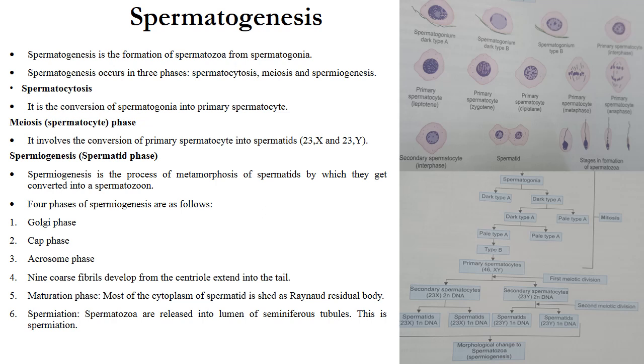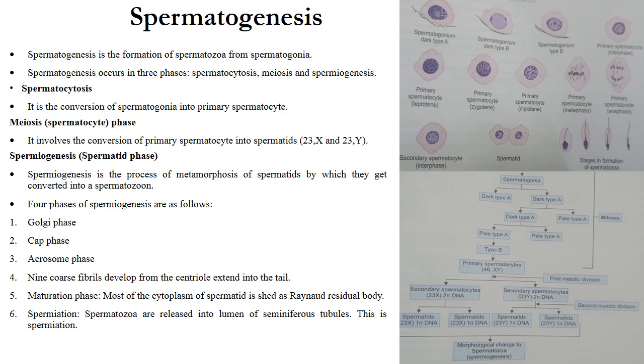Now the second step is meiosis. It involves conversion of primary spermatocyte into spermatid, and the spermatid has 23X and 23Y chromosomes. On meiosis 1, the primary spermatocyte will form secondary spermatocyte. The secondary spermatocyte later undergoes meiosis 2 and produces 4 spermatids.